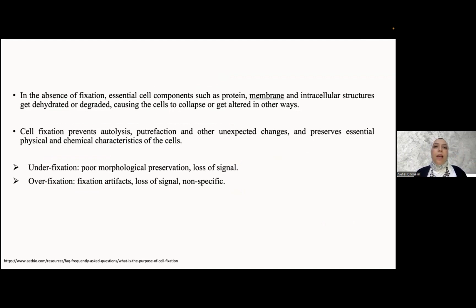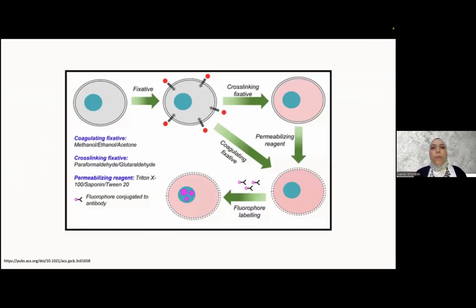But we have to keep in mind that under-fixation or over-fixation of the cells will be harmful to the cells. Under-fixation gives poor morphological preservation and can result in loss of signal. Over-fixation can also cause artifacts and loss of signal, and can cause non-specific binding of our antibody.